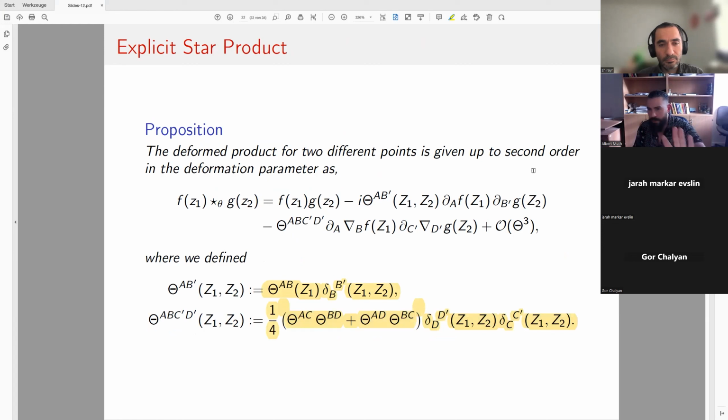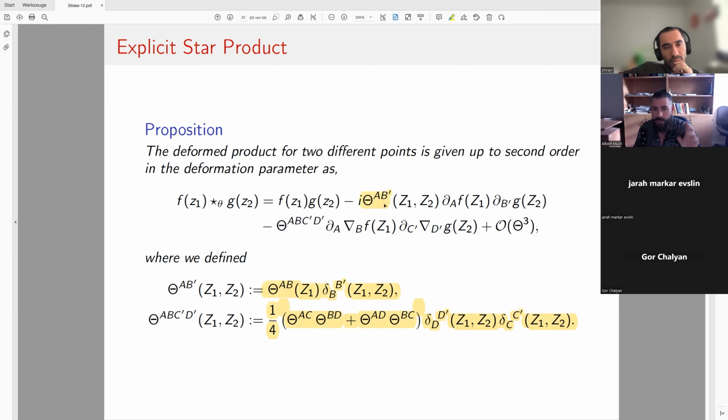The thing that is important here, forget about the specifics in a sense. What I want to stress out, up to second order, this star product is made out of a differential operator with smooth coefficients. This is the only thing I need, okay?